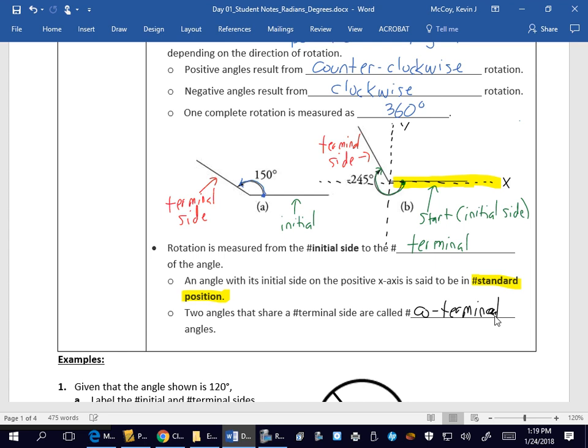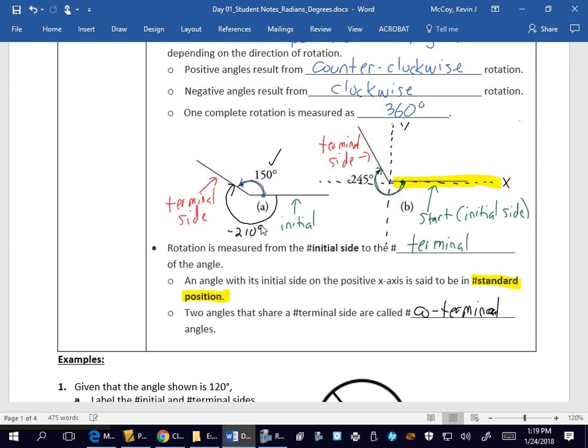You can see that if I went in the counterclockwise rotation, I got an angle of 150 degrees. If a full rotation is 360 degrees, if I went backwards, in this direction, but yet I ended at exactly the same side, well, that's what's called a coterminal angle. And in this case, since I went in the clockwise fashion, it's going to be a negative angle, and it would actually be negative 210 degrees in that direction. Those would be considered coterminal angles because they finish in the same side.